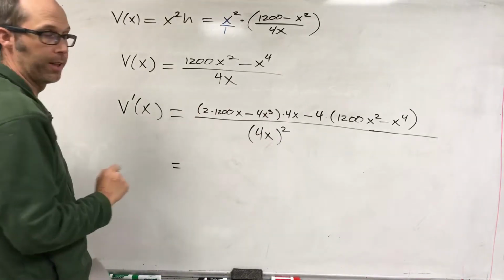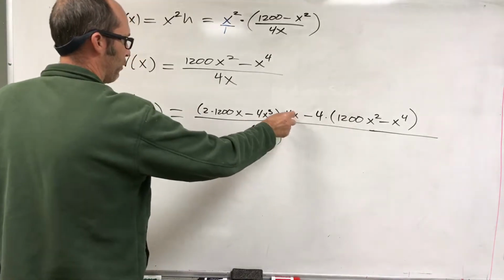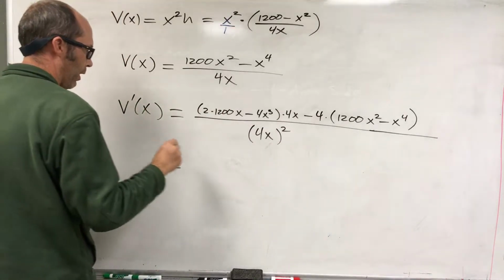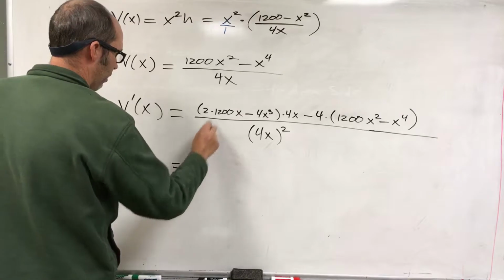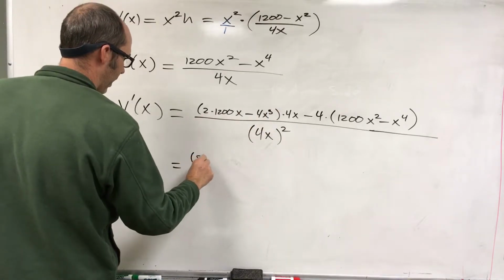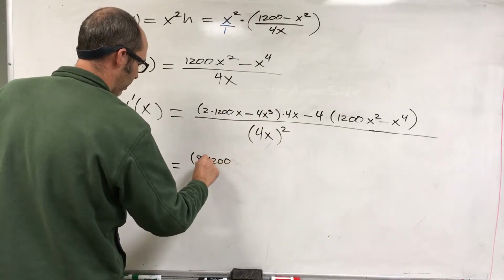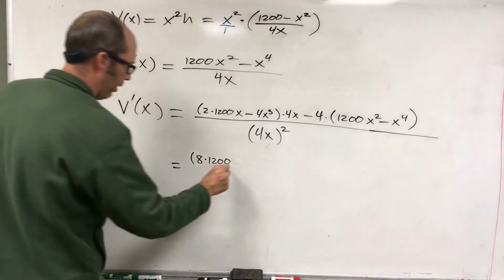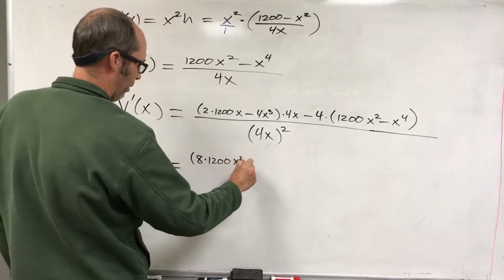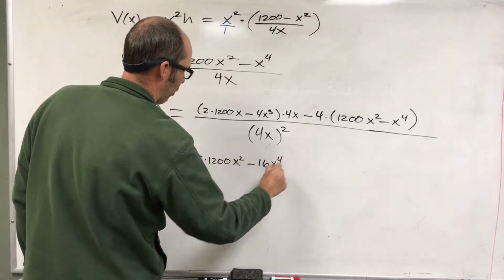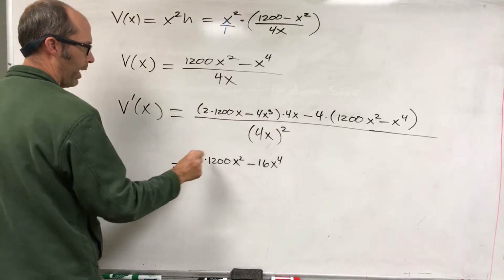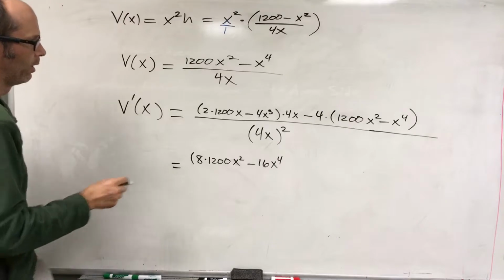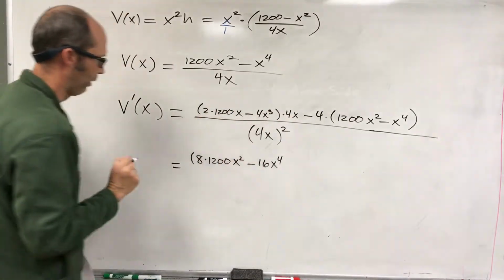Simplifying the top now, we'll distribute this 4x through that stuff. 4 times 2 is 8, so we get 8 times 1200 x squared minus 16x to the 4th. I left the 1200 there, and x times x is x squared.